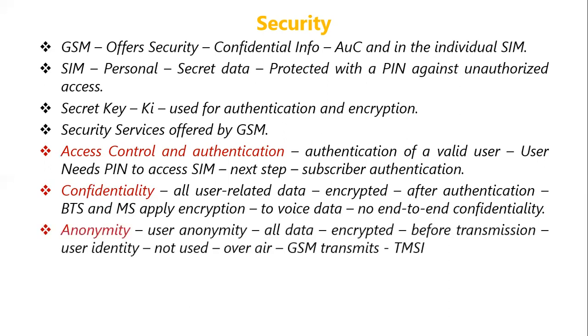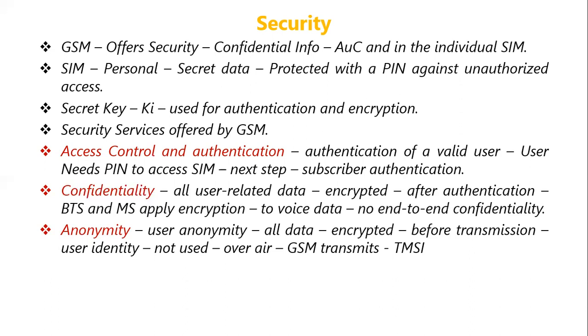The third security service offered by GSM is anonymity. This service is provided to ensure that all data is encrypted before transmission, and the user identifiers are not used over the air interface. Anonymity means if some data is traveling over the air interface, just by tapping that data, nobody can identify the user who is sending it.